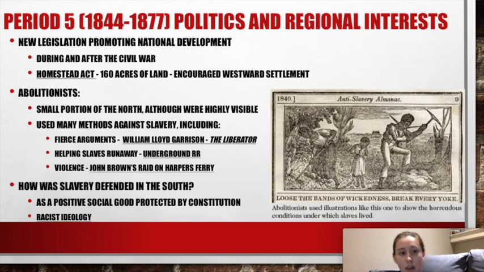And then you have racist ideology. You're going to have, at this time, some essays being published in the South that defend slavery by actually stating that the European race was superior, and this idea of white superiority, that people of African descent needed to be slaves so they could be taken care of, that they couldn't take care of themselves.